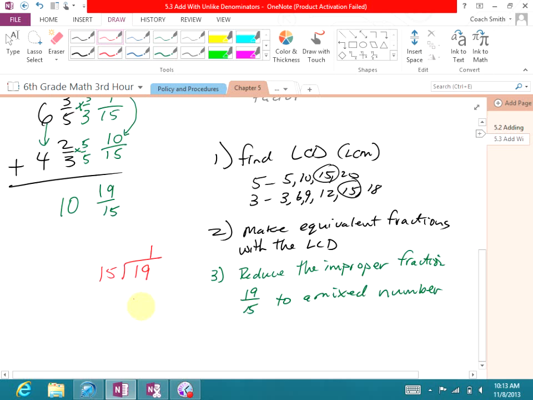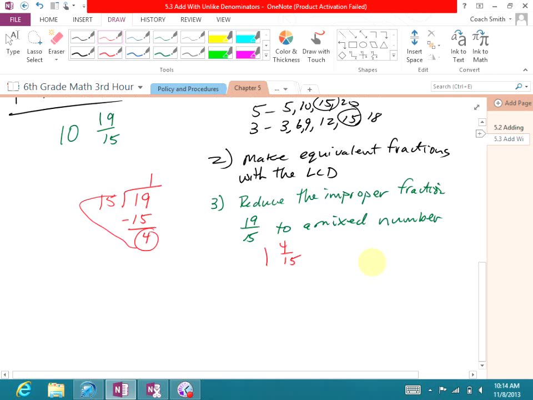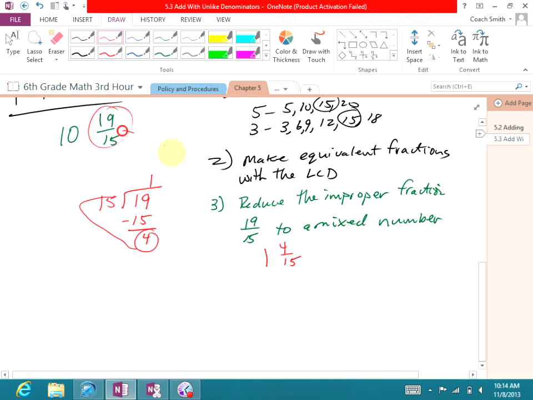Goes one time. Remainder 4. Put the 4 over the 15. So it is 1 4/15. So now that gives me 10 plus the 1 4/15, which is 11 4/15. And that is your answer.